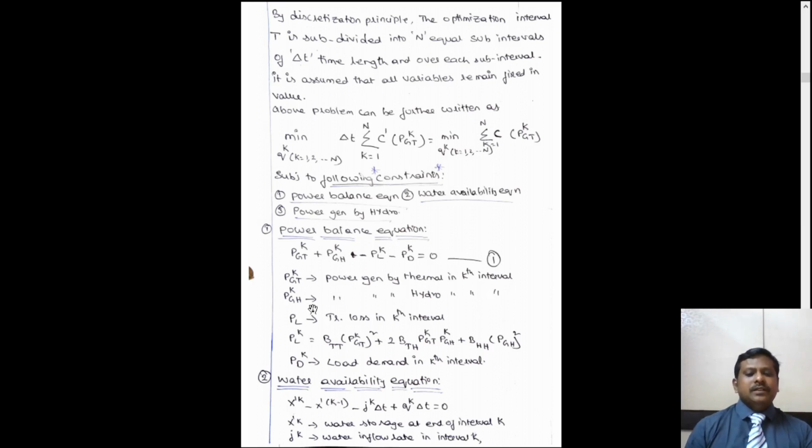PL is the transmission loss in the kth interval, and PL is nothing but your transmission loss, because the load is almost never near the generation end. Almost always the load will be very far from the generation end.